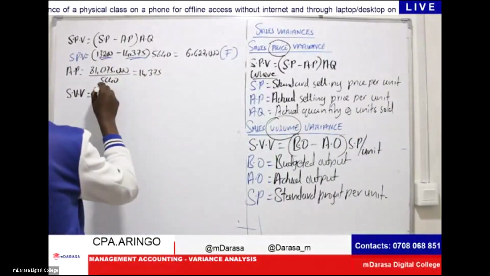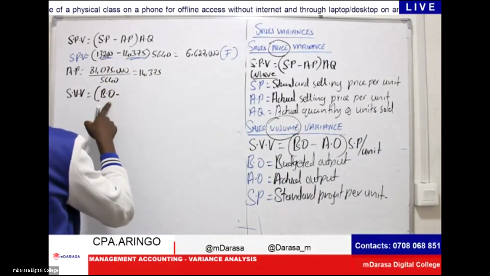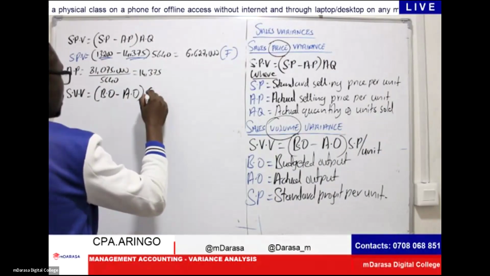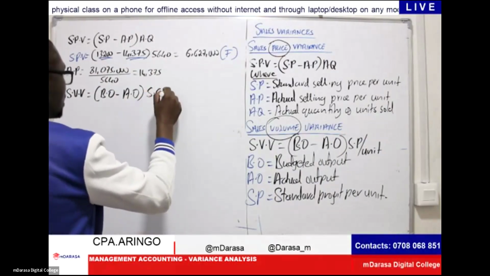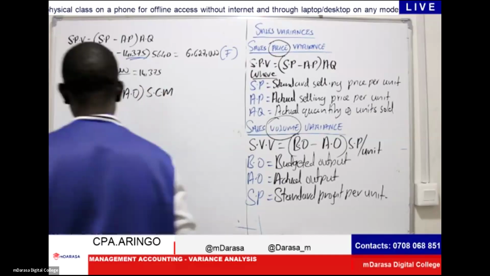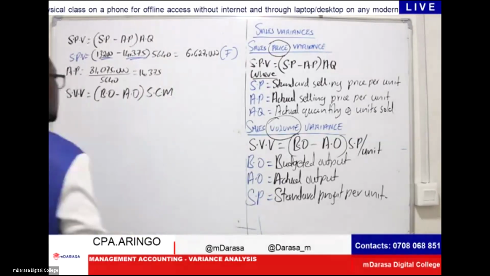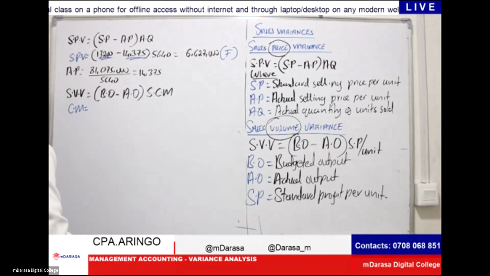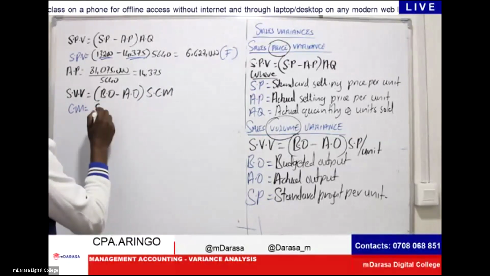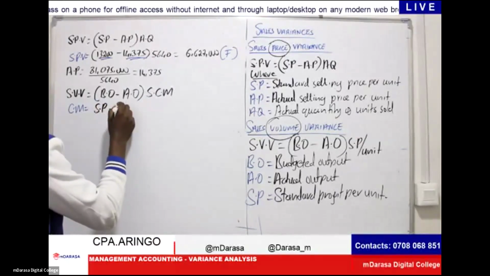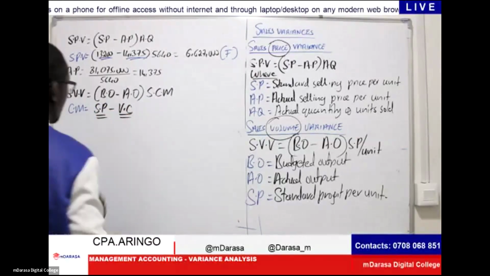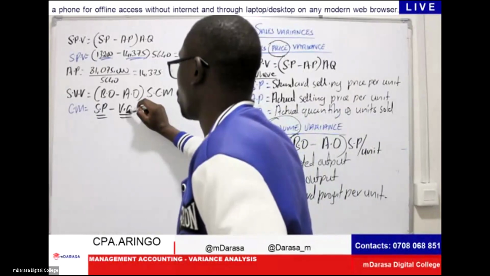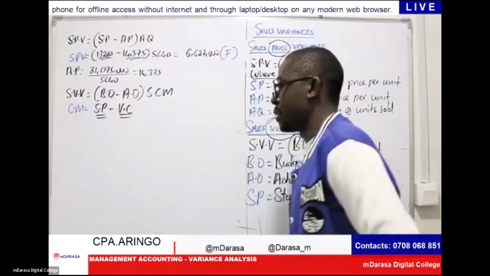So we will take our budgeted output minus our actual output, valued at our standard contribution margin. Remember, contribution margin is simply the difference between selling price per unit minus variable cost per unit. Selling price per unit minus variable cost per unit will give us a contribution margin.